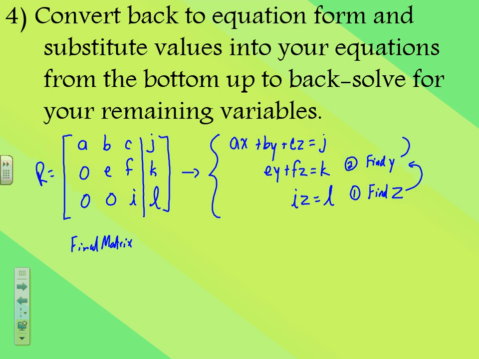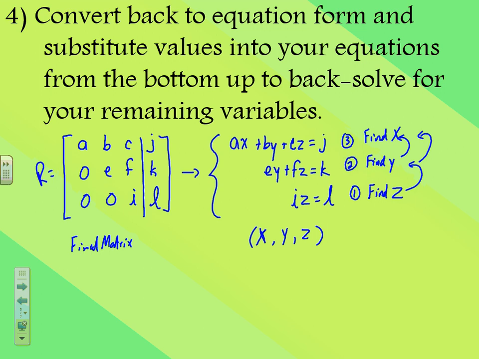And then once I know what y is, I'll take the 2 numbers that I know and come back to the first equation and find my x value. And that is how we produce these matrices with this process known as triangularization to produce an ordered triple as our solution. Okay? So that is the concept.